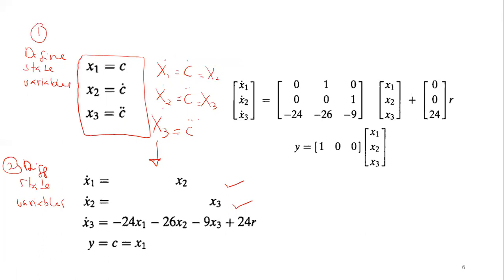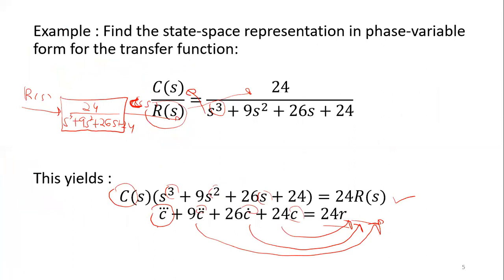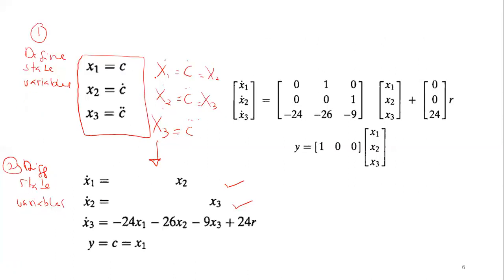Okay, the output is CS, so Y here is equals to C, which is equals to X1. Then you are ready to transform it into the state space.